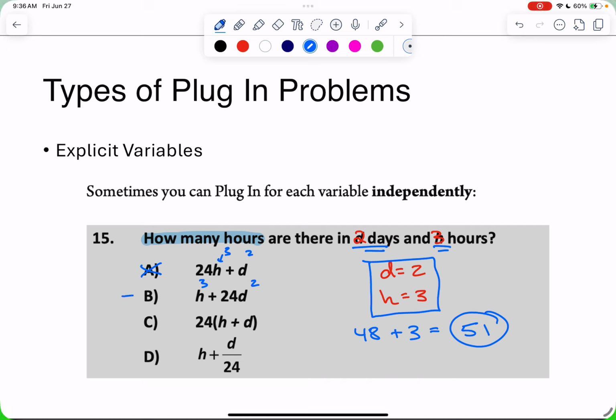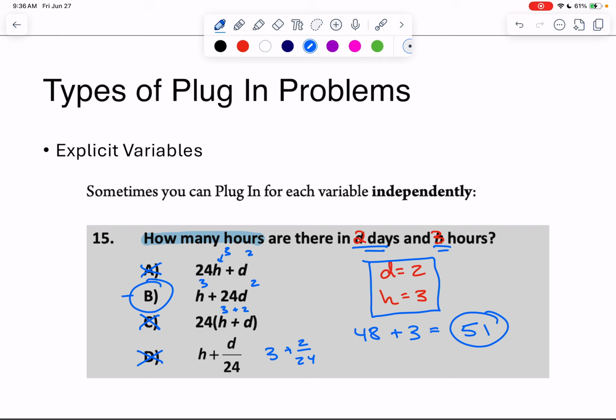Here, this is going to be 24 times 3 plus 2. That's 24 times 5. Ooh, that's going to be way too big. Let's cross that out. That's going to be 120. No, it's too big. This guy over here, we have 3 plus 2 over 24. Well, that's just 3 and a 12th. That's going to be way too small. So let's cross that out. All right. We found our answer here.